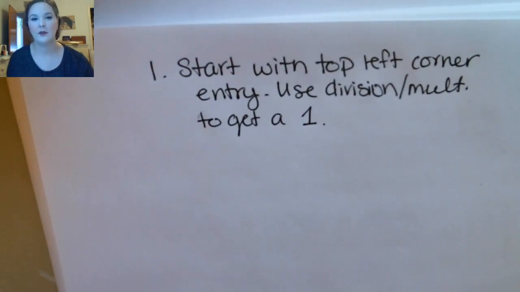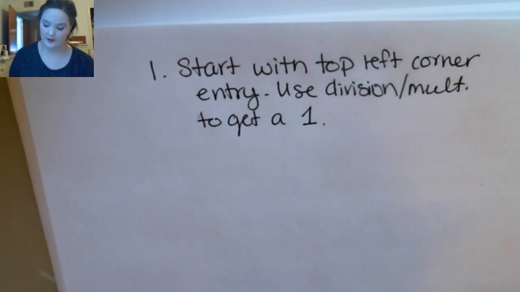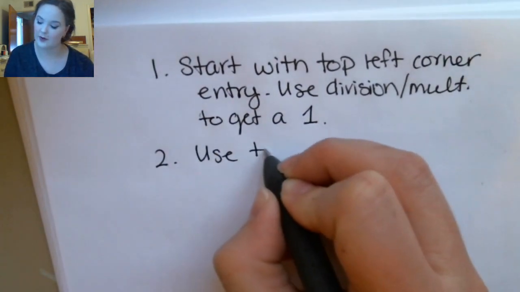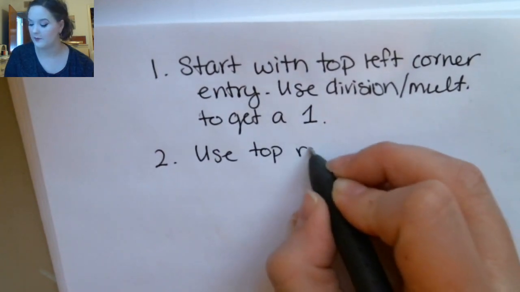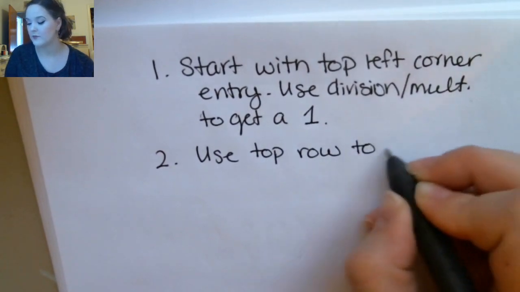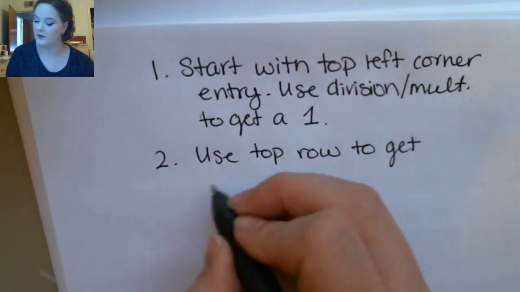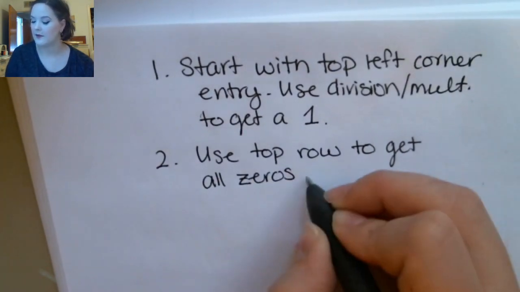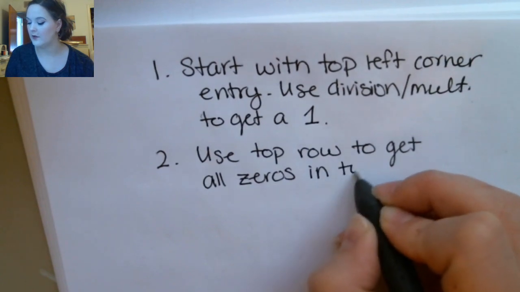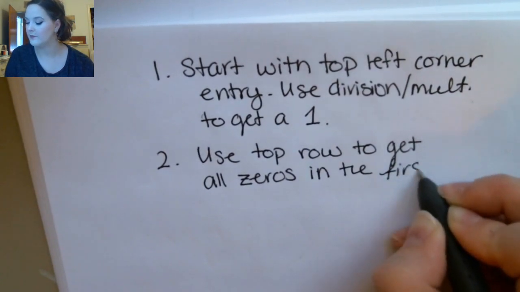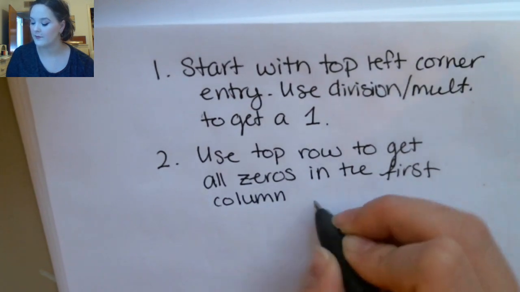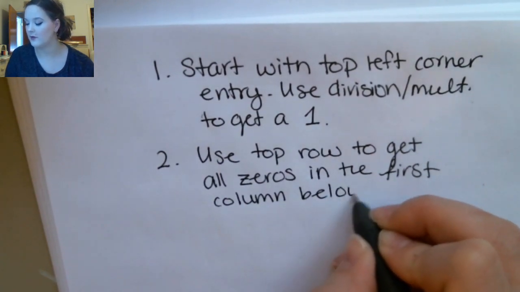Then the second thing you're going to do is use the top row to get all zeros in the first column below the first row.